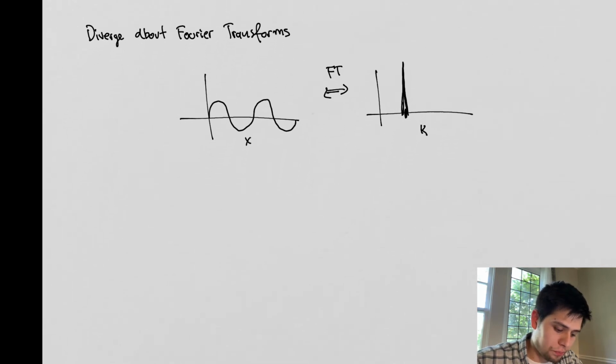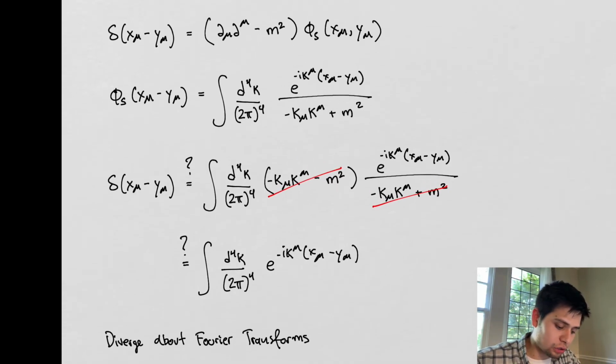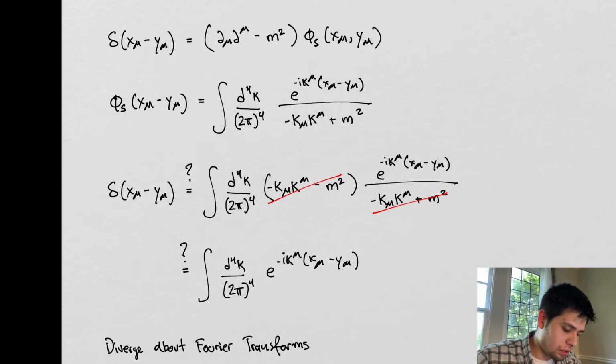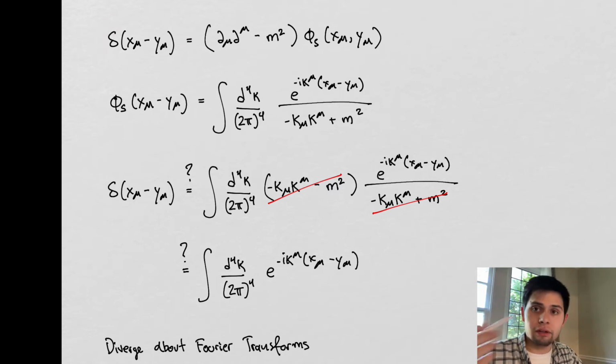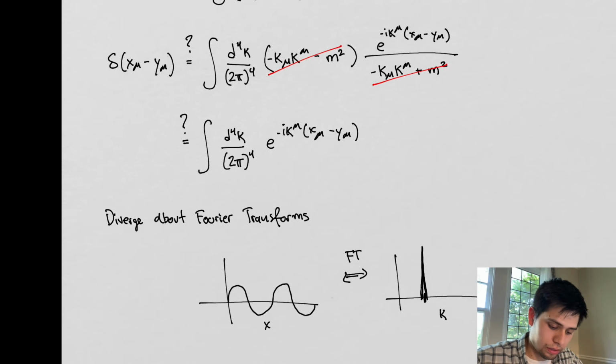And this all ties into this potential, right? This potential here is a delta function, right? So this is what our particle looks like. It looks like a delta function.